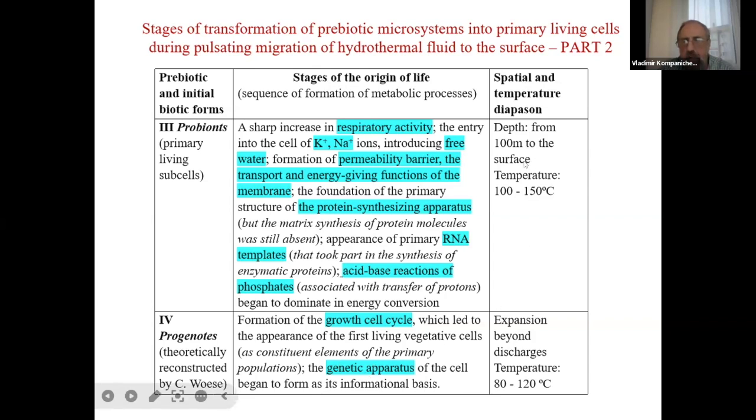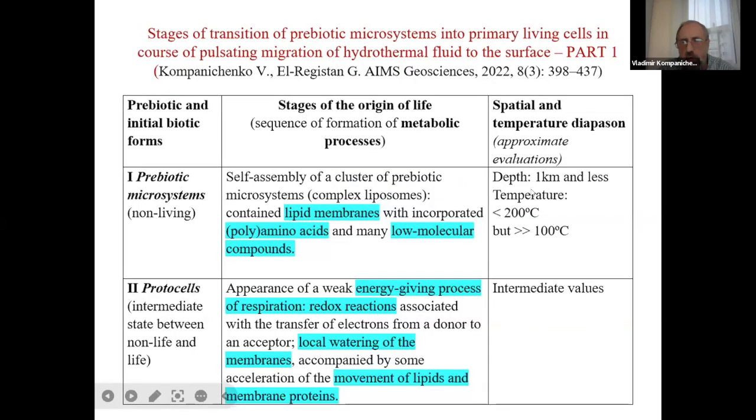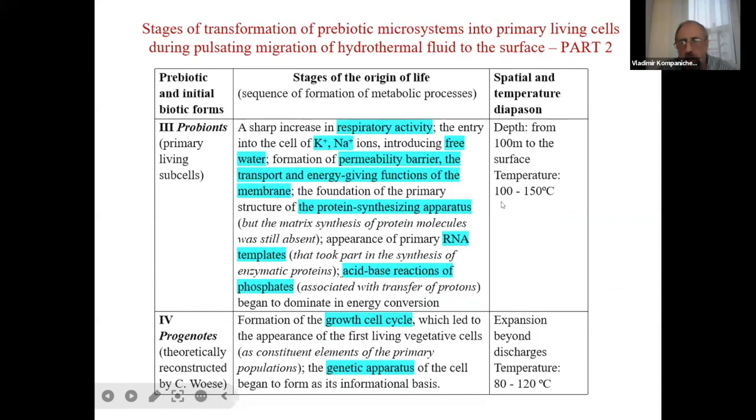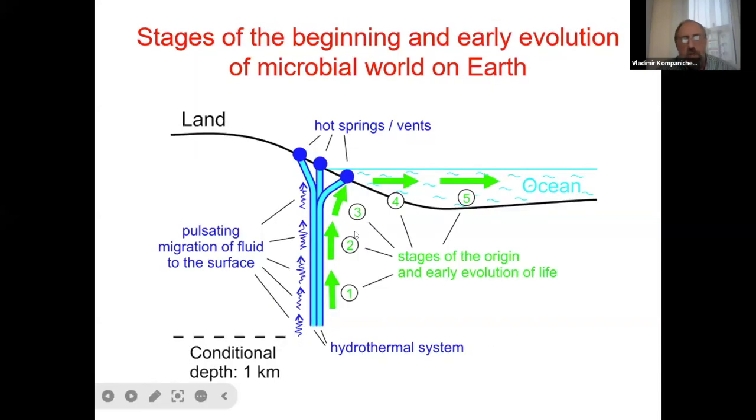On the right side, these stages are shown in geological conditions: first, second, third, and fourth. On the picture, first step, at a depth of around 1 kilometer, self-assembly of prebiotic microsystems.